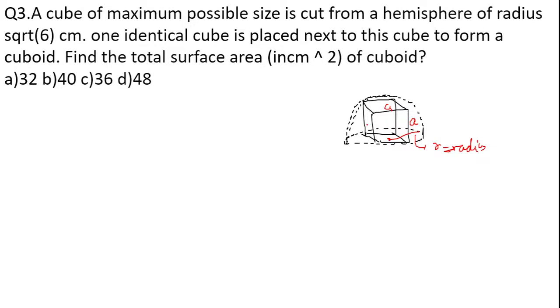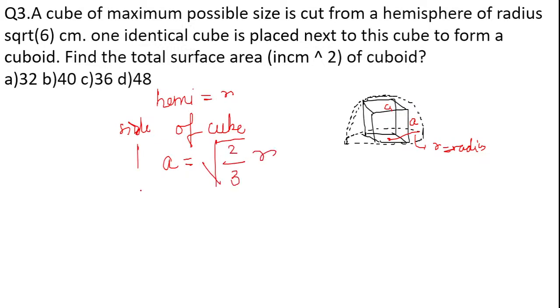So here, in case of a hemisphere with radius r, the side of the cube, that is a, can be represented as under root of 2 by 3 r. So this is a formula which is very important and can be directly asked in your examination.